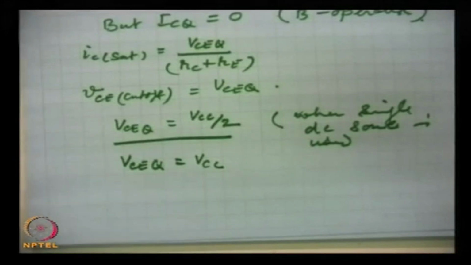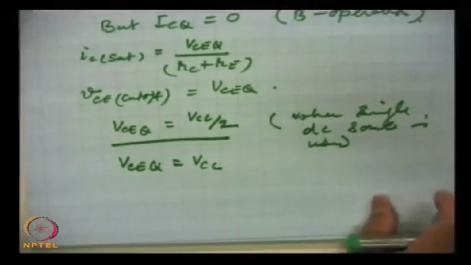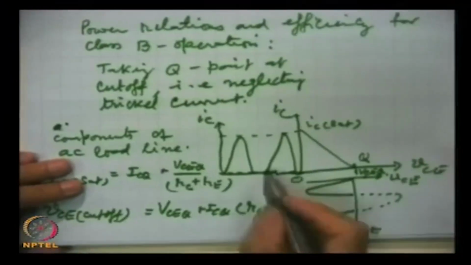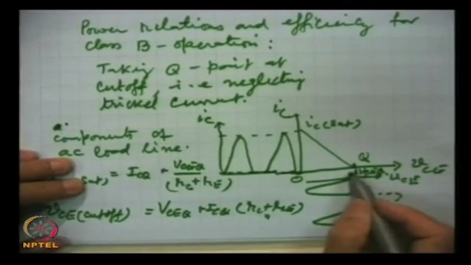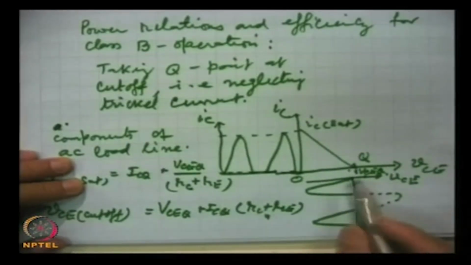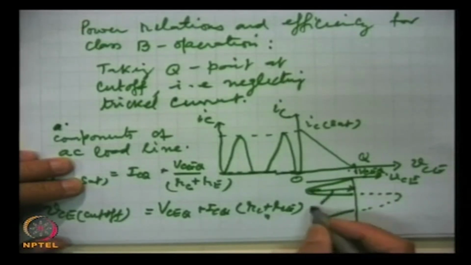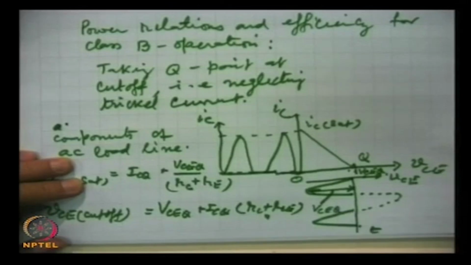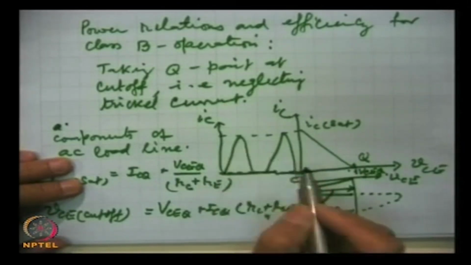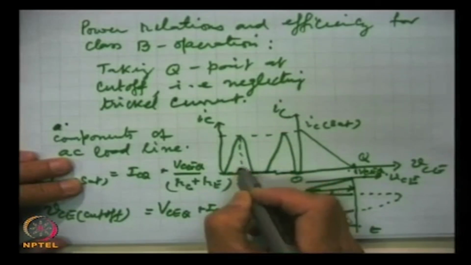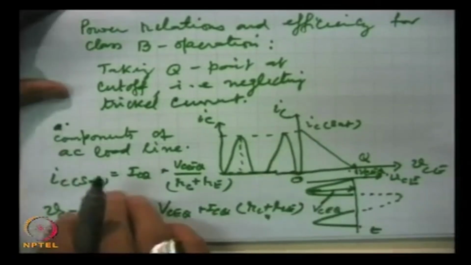Then we can write the expression for the peak AC voltage. From this figure we should note, this voltage here is VCEQ, and this current is IC sat, because this point is 0 current.